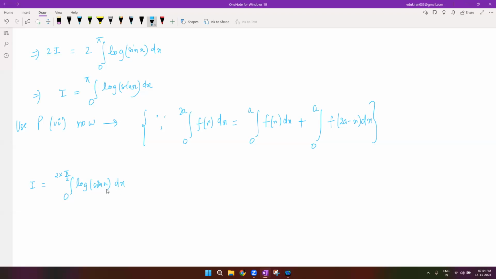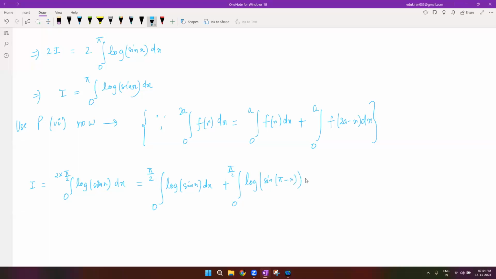So this can be written as the integral from 0 to a, which is 0 to pi by 2, of f(x) dx, which is log of sine x dx, plus again the integral from 0 to pi by 2 of log of sine of pi minus x, that is 2a minus x.